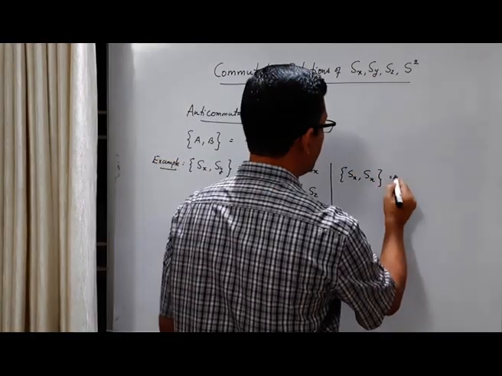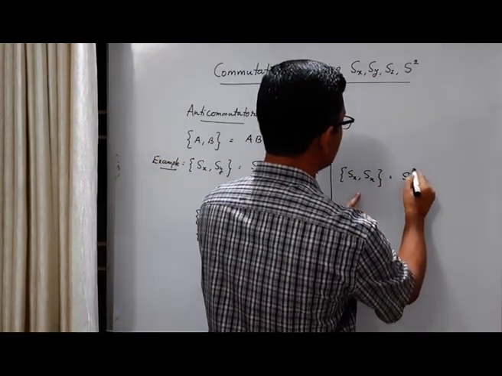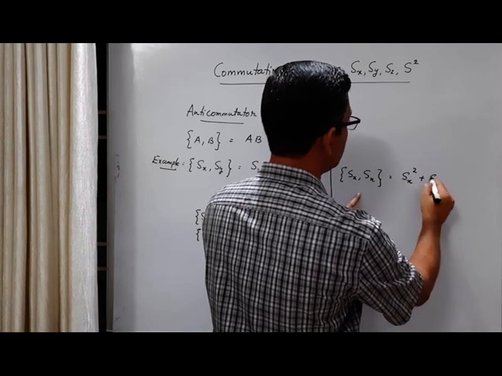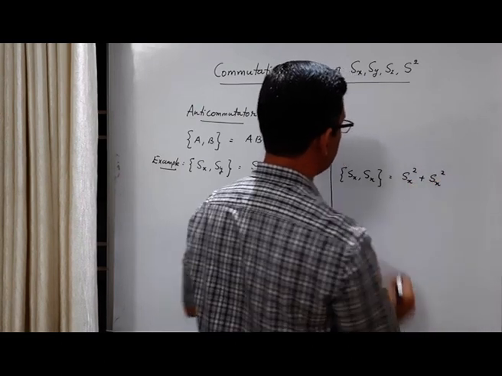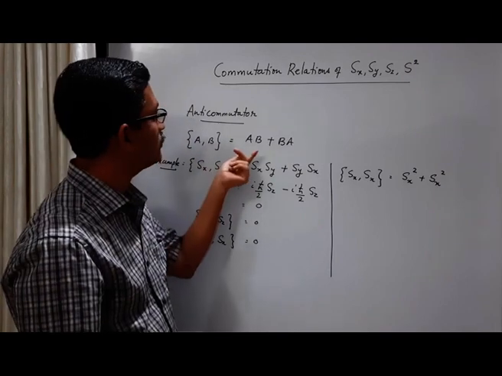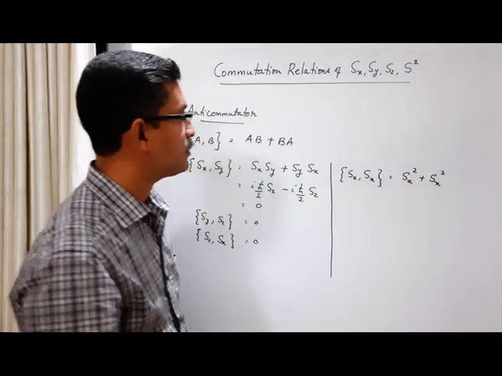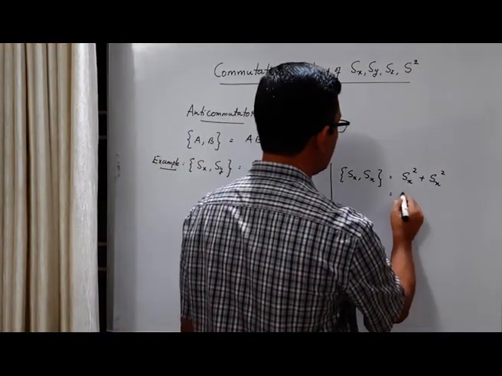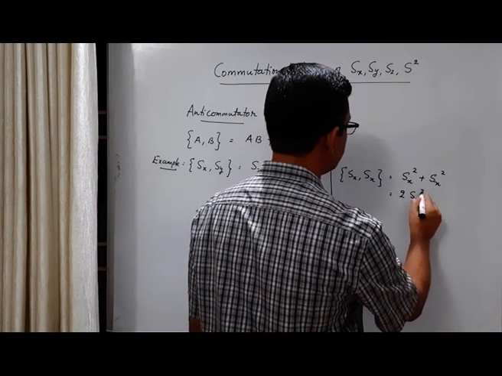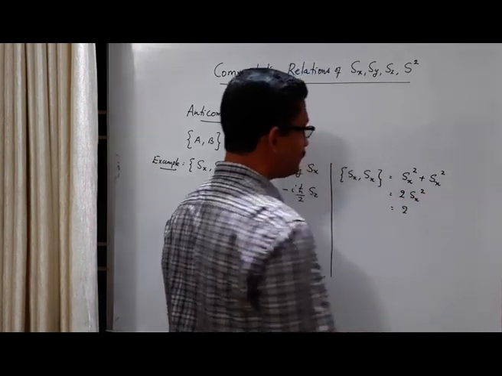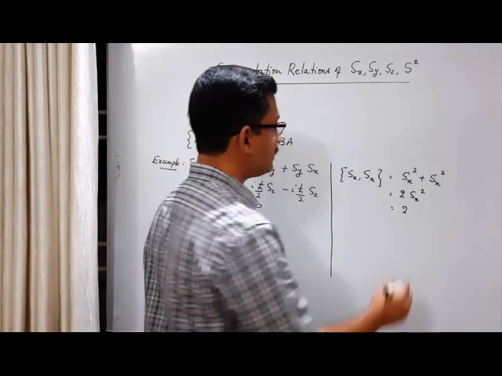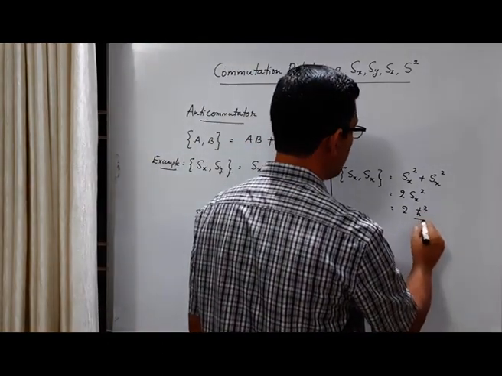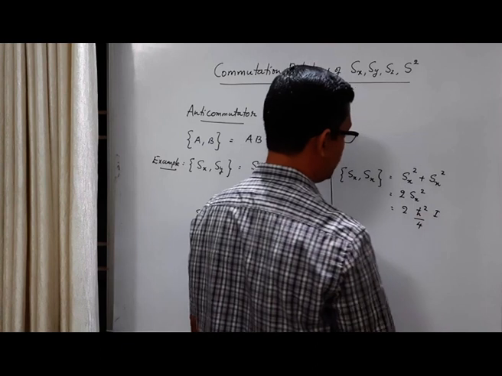So this is Sx into Sx, that is Sx square, plus again Sx into Sx, that is Sx square. Okay, according to the definition of anti-commutator. So this is equal to 2 Sx square. Okay, now this we have established already that Sx square is h cross square by 4 times identity operator.